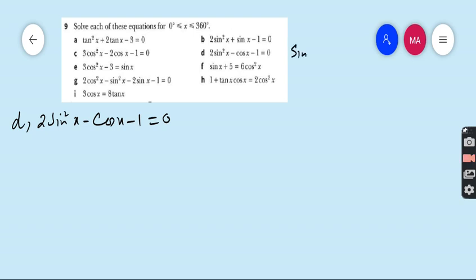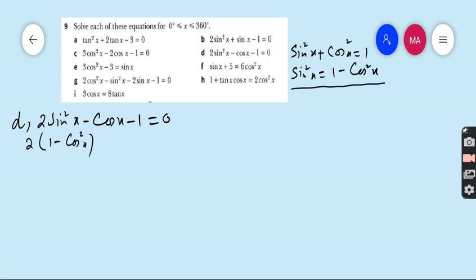We know from lower classes that sin square x plus cos square x is equal to 1. This implies that sin square x, if we shift cos square x to the other side, is 1 minus cos square x. So we can put 2 multiplied by (1 minus cos square x).